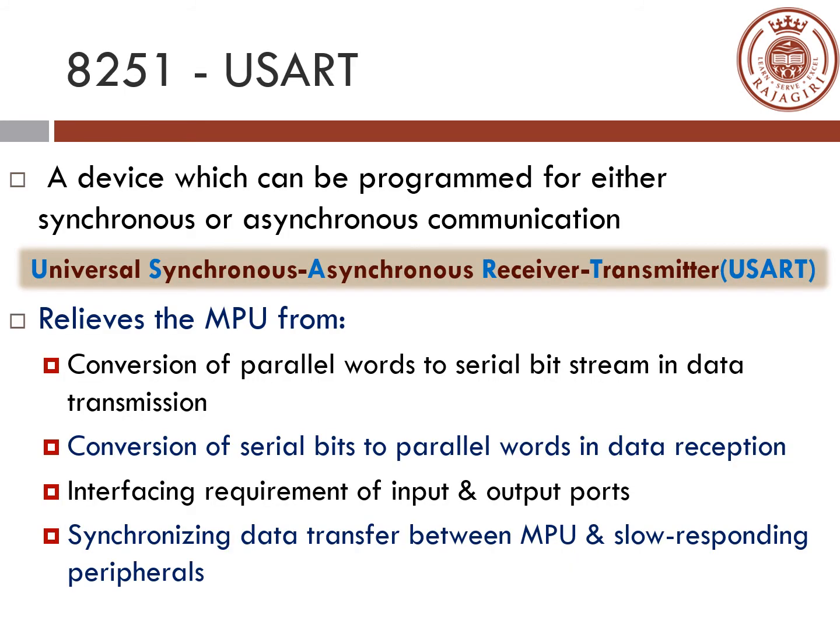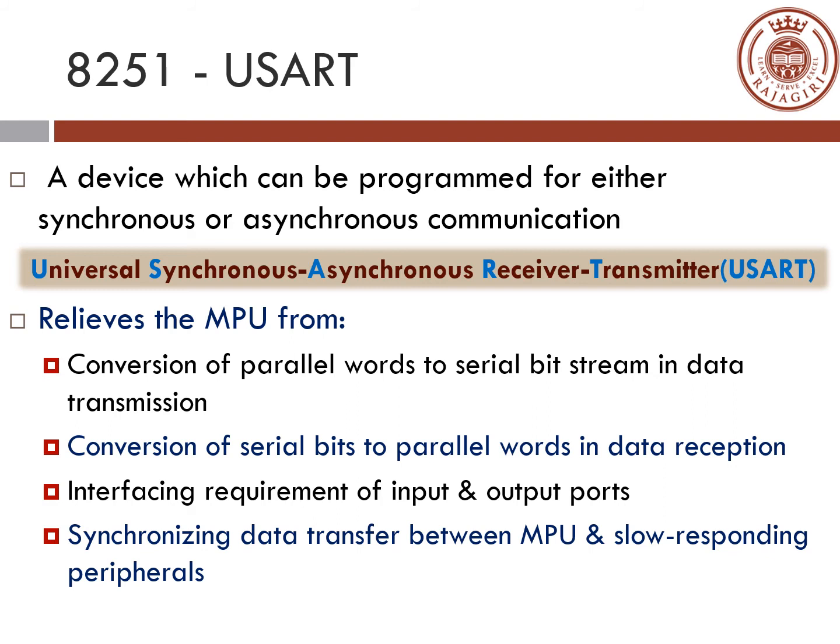The 8251 is a device which can be programmed for either synchronous or asynchronous communication. So it's also known as a USART or a universal synchronous asynchronous receiver transmitter.